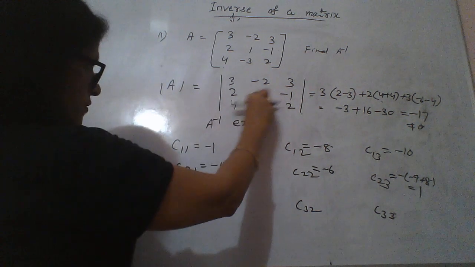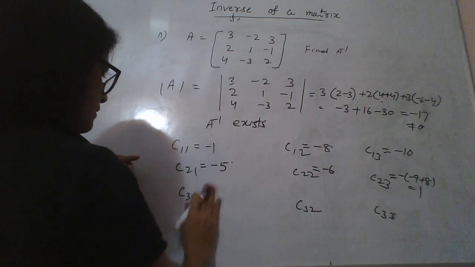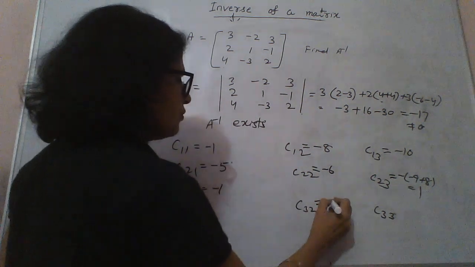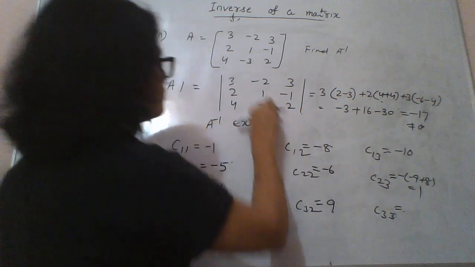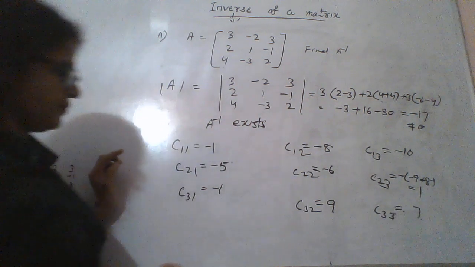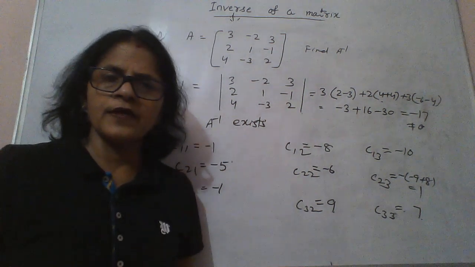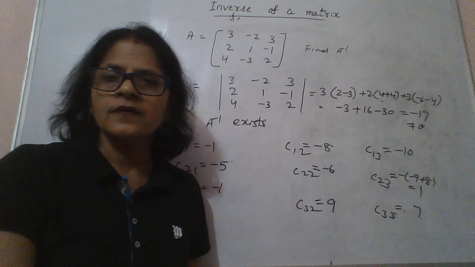C31 is 2 minus 3, minus 1. C32, 9. C33 is here 3 plus 4, 7. Okay, so these are the cofactors you are getting. Okay, so let's take the adjoint of this.